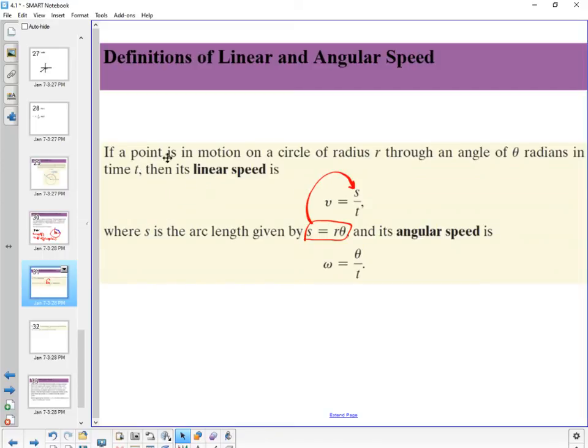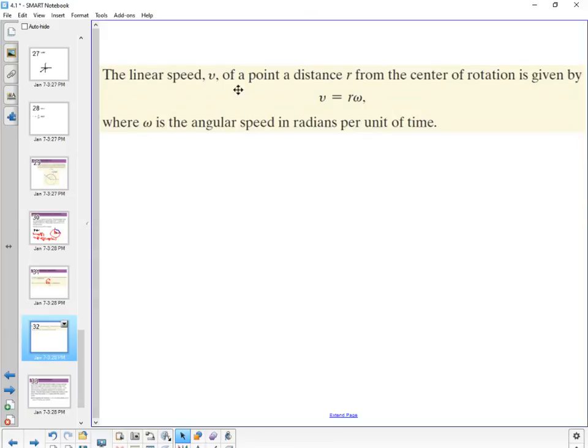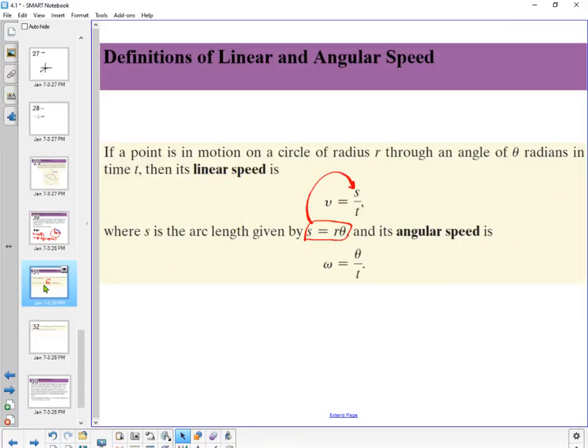If a point is in motion on a circle, then this is going to be the linear speed. The linear speed of a point at distance R from the center of rotation. So this is if a point is traveling around. Wait, what was the formula?